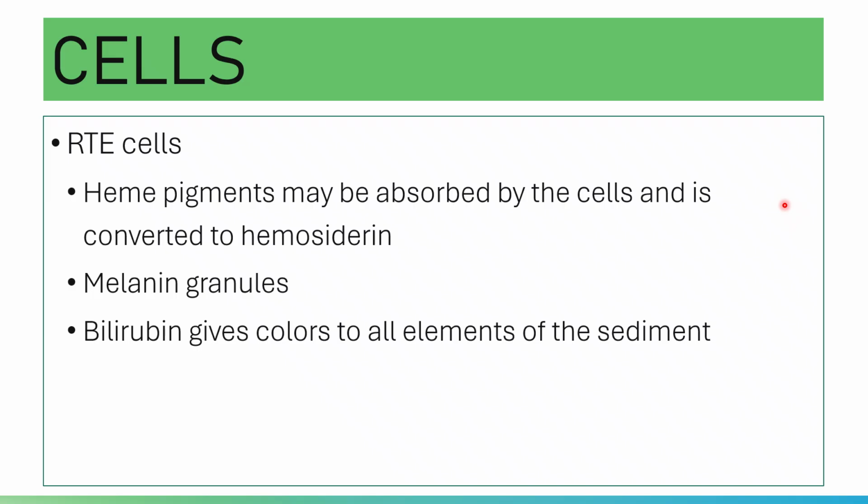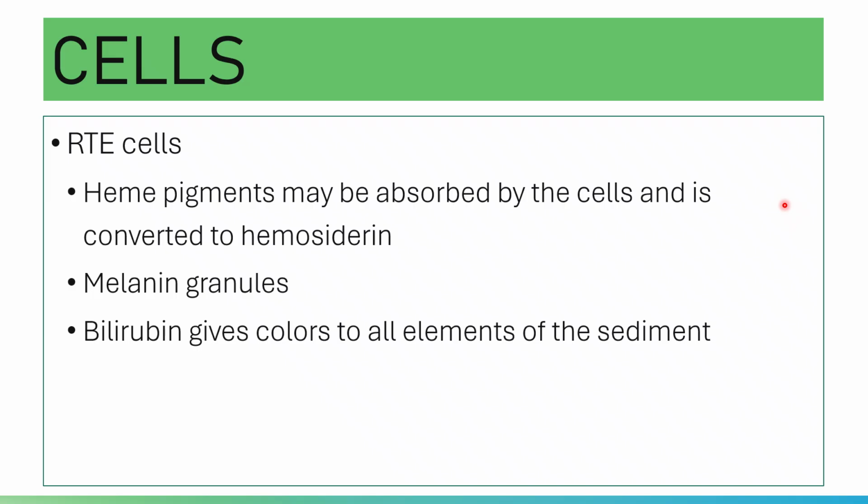So you have renal tubular epithelial cells that may contain hemosiderin granules, or the hemosiderin granules can appear freely in the urine sediment.